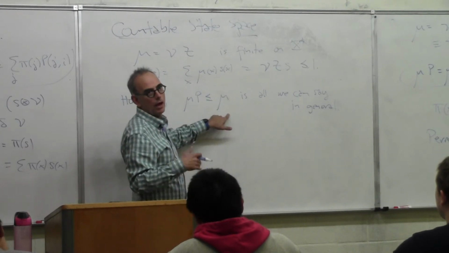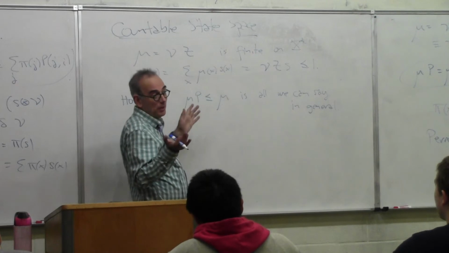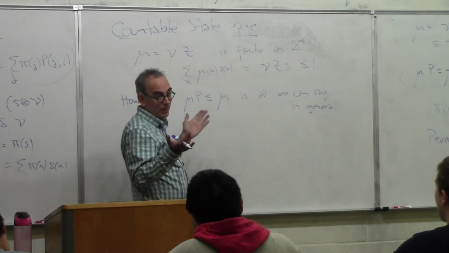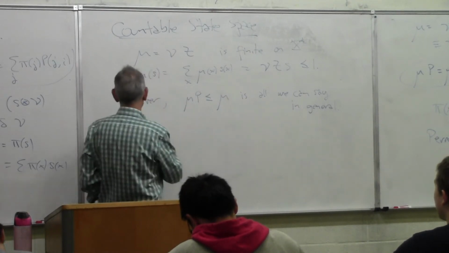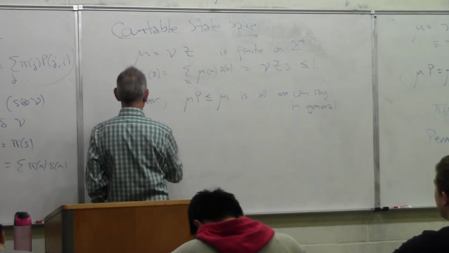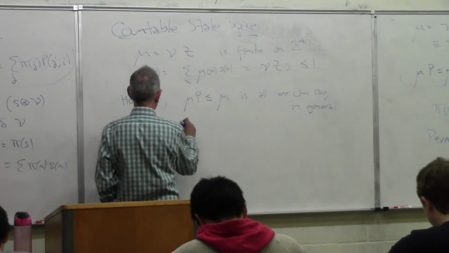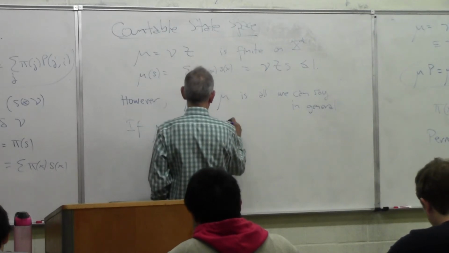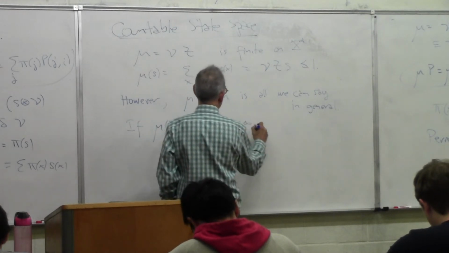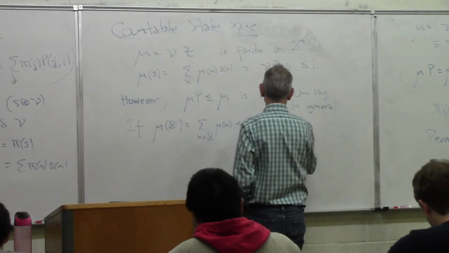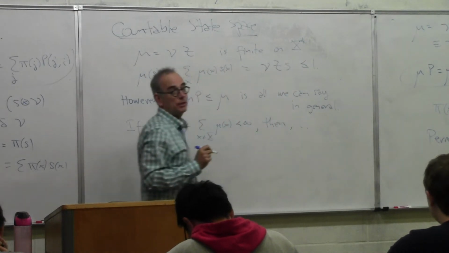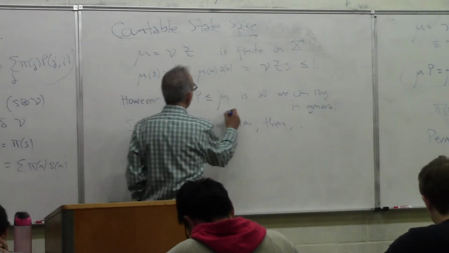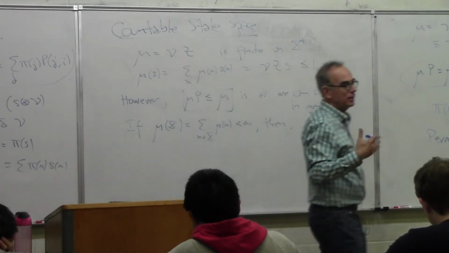Now, one way to get equality would be if it's finite. So if it's finite, then what am I going to do? You can show this by induction if you like.